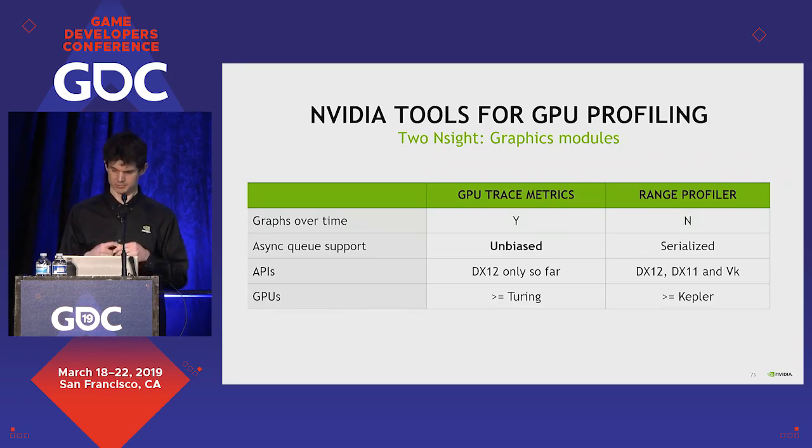But GPU Trace has advantages because it can plot things on graphs. So you can see things like I've shown where you have weird patterns and unexpected changes within one workload. And also, very importantly, it works with async queues. Whereas the range profiler, if you have async queues, it will serialize all of the queues into the direct queue for isolating the workload that you want. So it doesn't exactly give you the same answer.